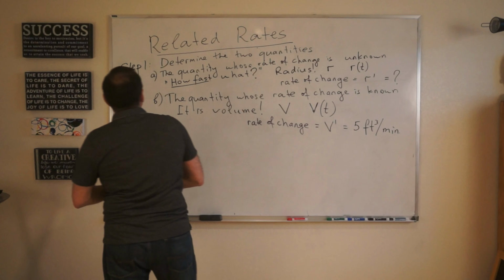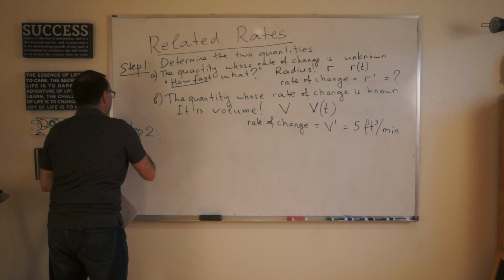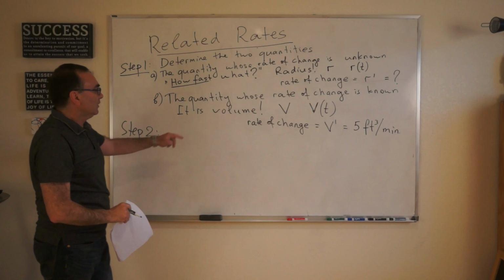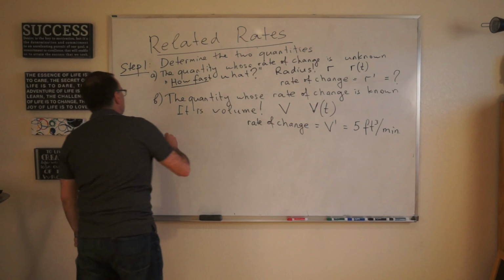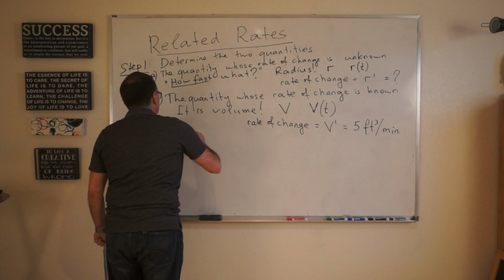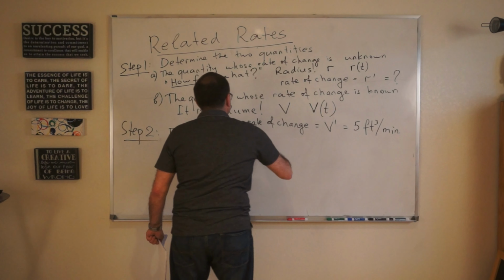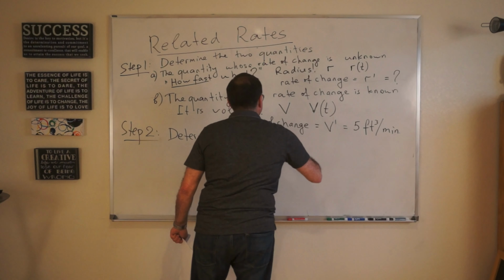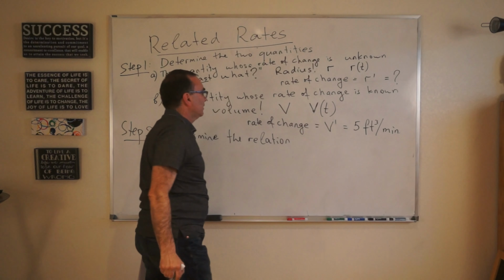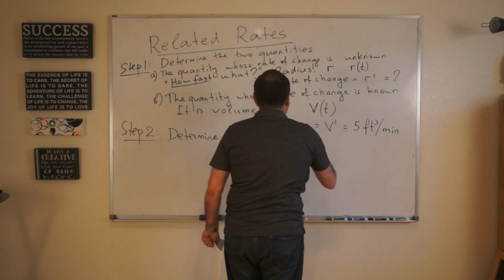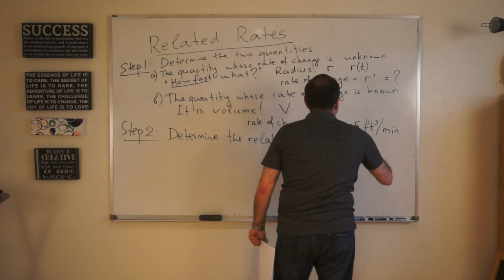Now step two, these two quantities are supposed to be related, and so we need to determine the relation between the two quantities that we have already found, in this case between the radius and the volume.